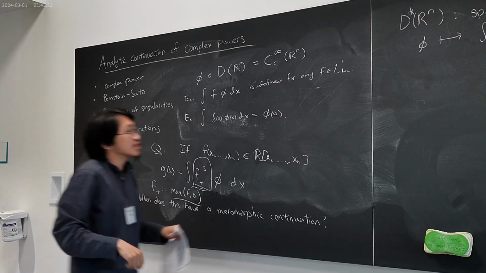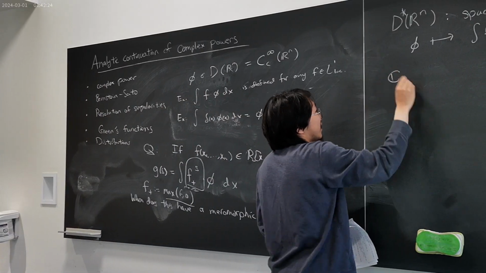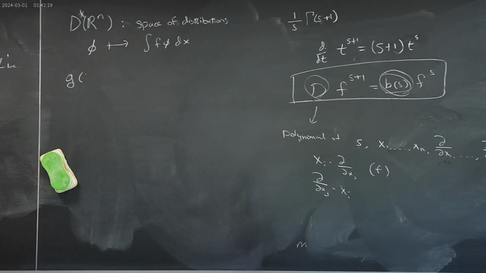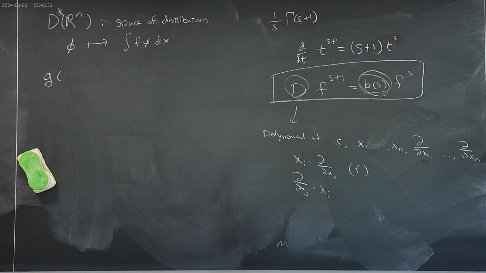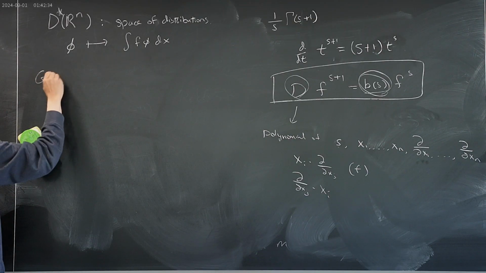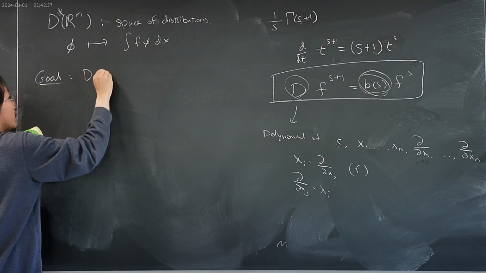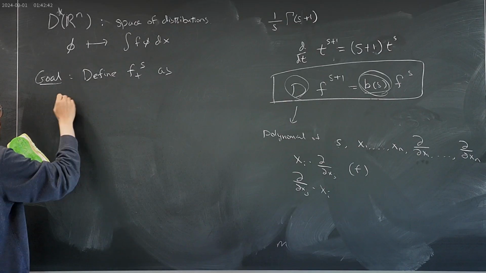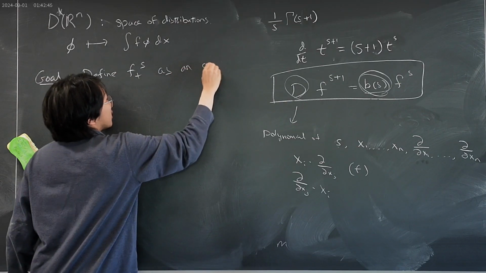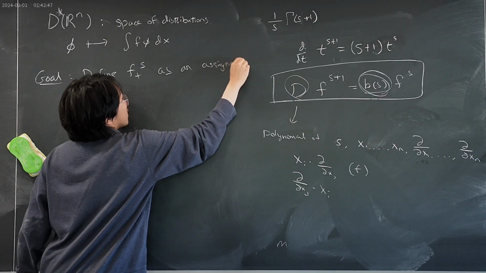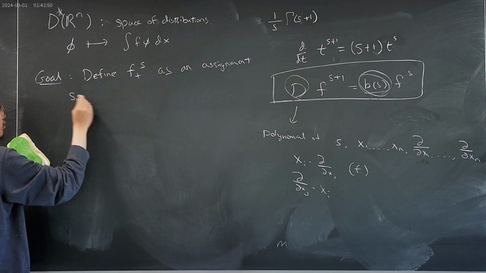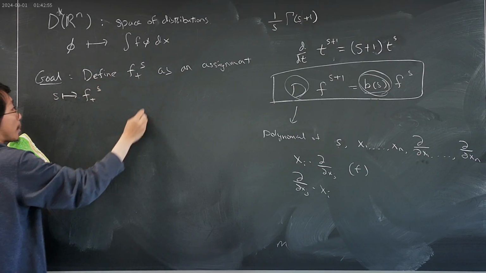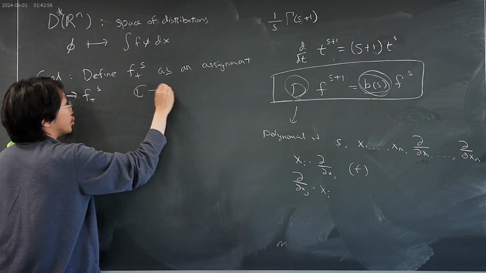And so the question is, in our setting, g of s is this evaluated at a test function, but I'd like to define our power of f as an assignment for each complex number s to f plus to the s, as a function from the complex numbers to the space of distributions.